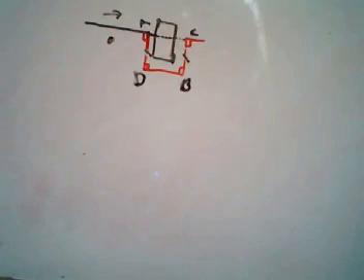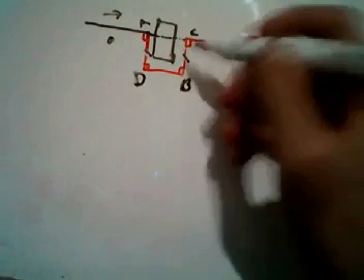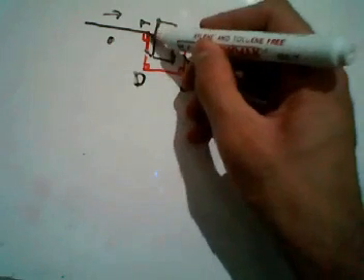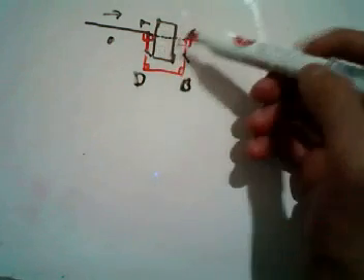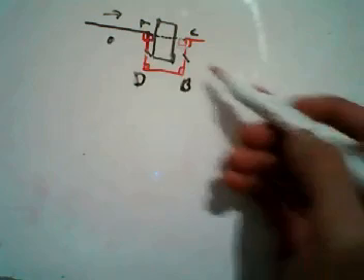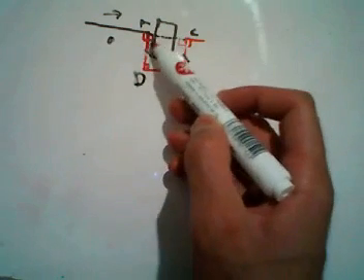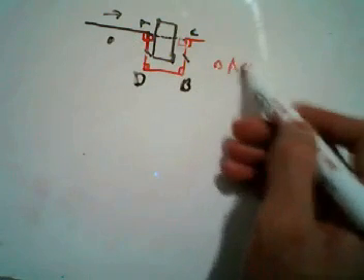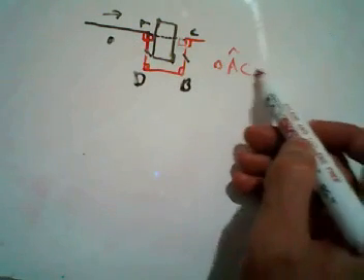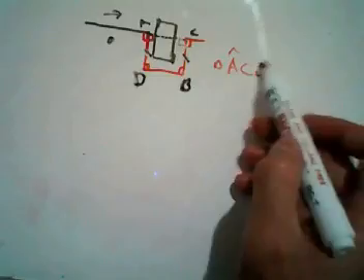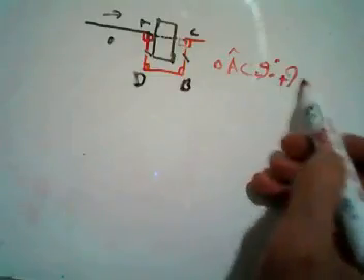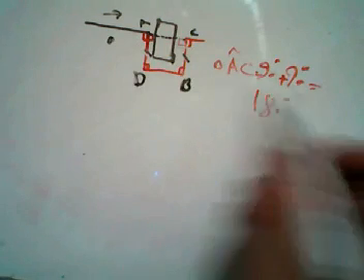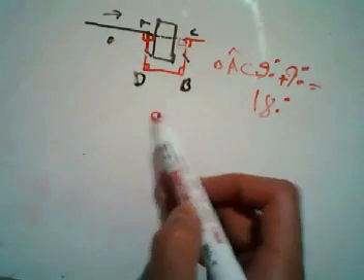Now here the angle OAC is 90 degrees plus 90 degrees, which is 180 degrees, which means that OAC is a straight line.